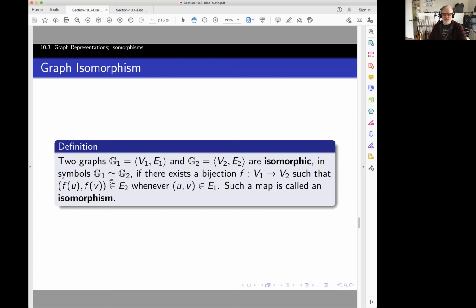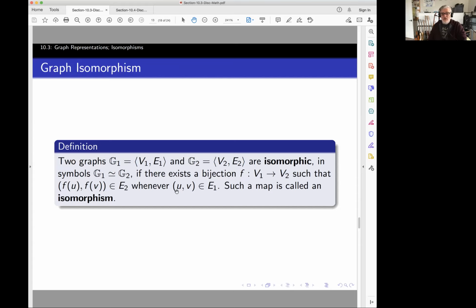This is the notation right here. So what does it mean? It means that there is a bijection, let's say f, which is what we call an isomorphism. It's a bijection from V1 onto V2, so again, it is 1-to-1 and onto. It's a pairing between V1 and V2, but not just any pairing. It has to preserve the edge structures.